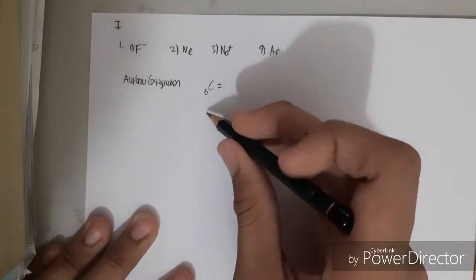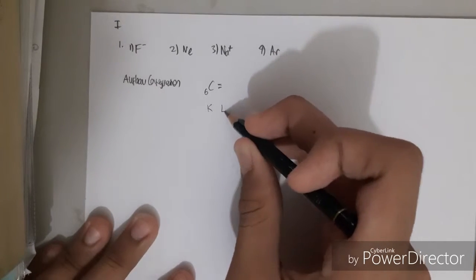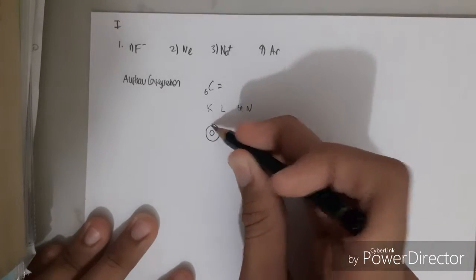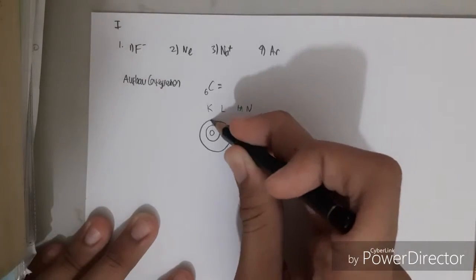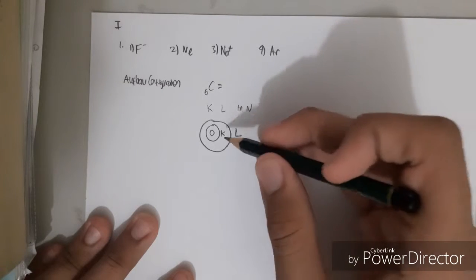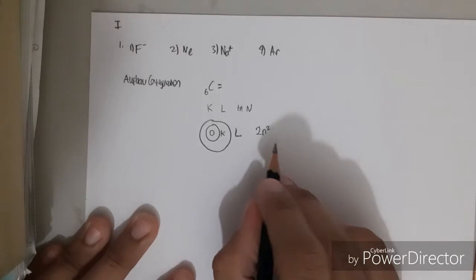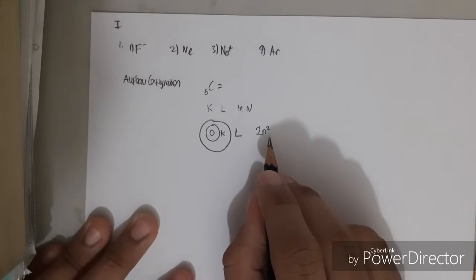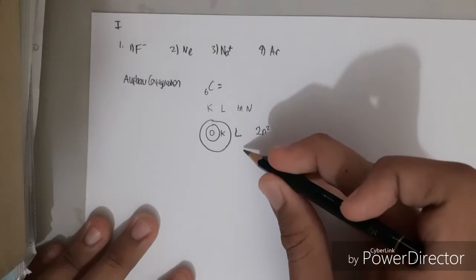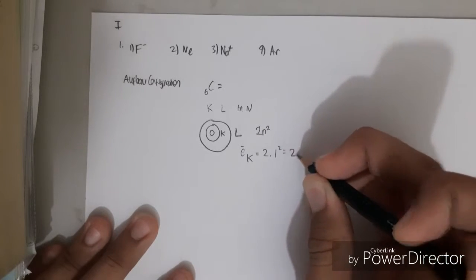For example, the shells in the atom, we used to write them as shell K, shell L, shell M. So let's say this is a nucleus, this is shell K, this is shell L. The maximum number of electrons inside one shell is 2n squared, and this n is the shell number. So K is shell number 1, so the maximum of electrons in shell K is 2 times 1 squared, which is 2.